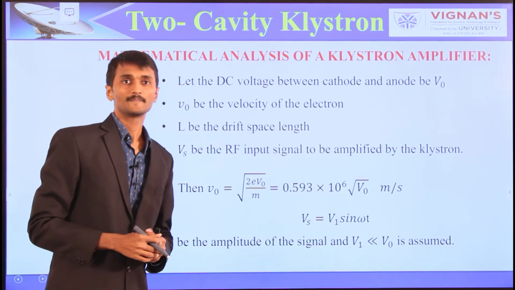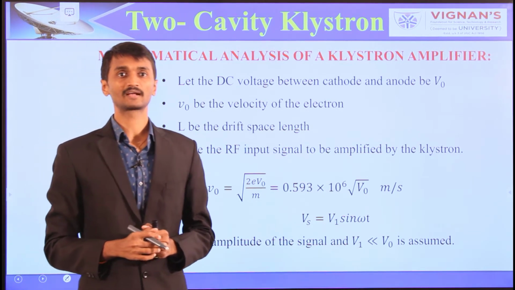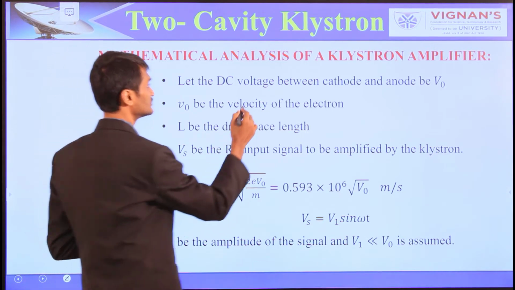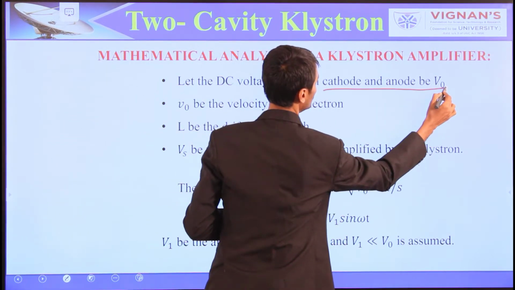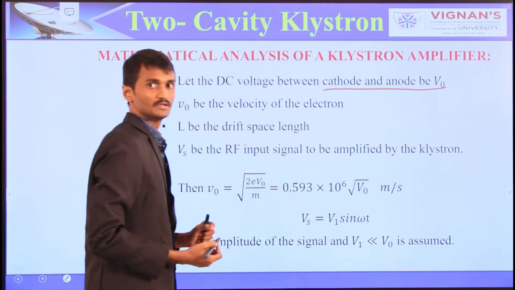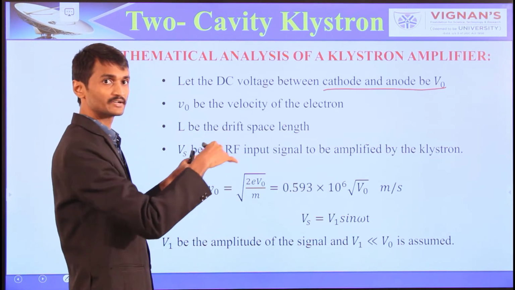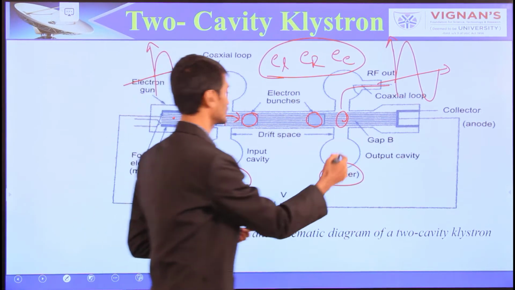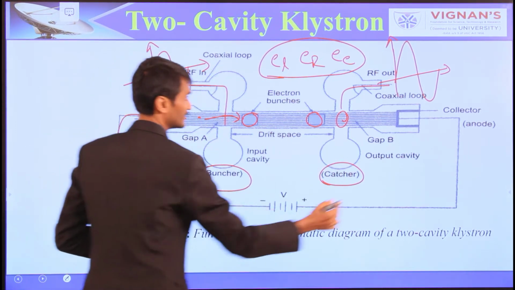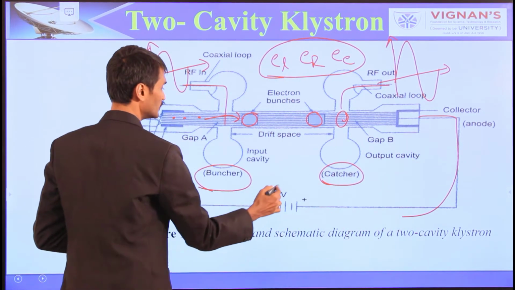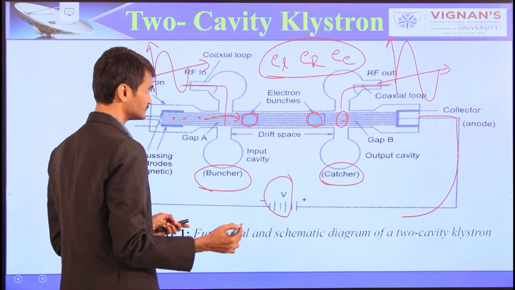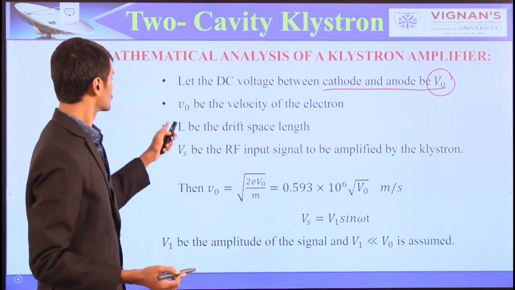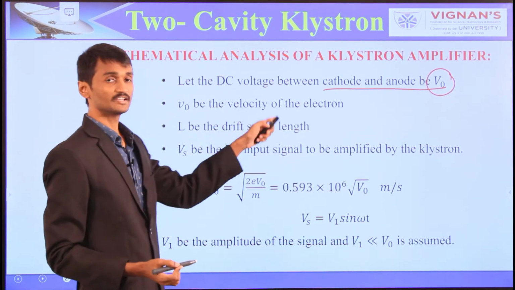Now coming to the mathematical analysis of a klystron amplifier. Let us consider the DC voltage between cathode and anode to be V0. Cathode is here and anode is here, and the applied DC voltage between them we are assuming as V0. Small v0 be the velocity of the electron.